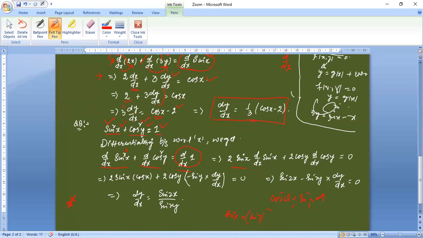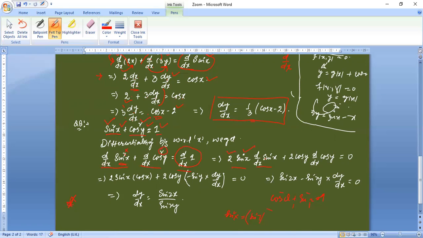So 2 will come in the front. Here power of sine of x was 2, so it will be reduced by 1. That is sine of x right here. Then differentiation of the original function, that is sine of x. This is chain rule actually I am applying. Similarly, first the differentiation will be applied to the exponent, that's square. It is of this form x raised power n. The differentiation would be n would come in the front.